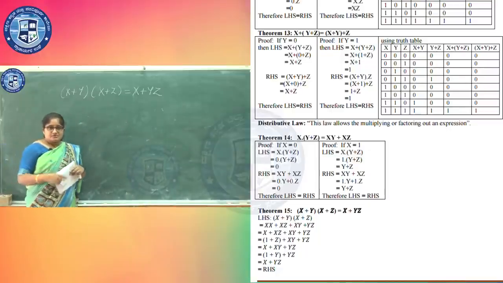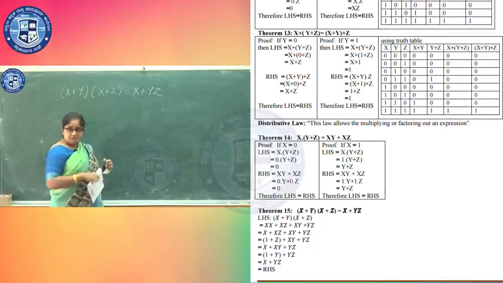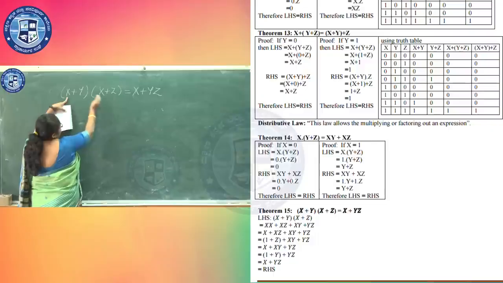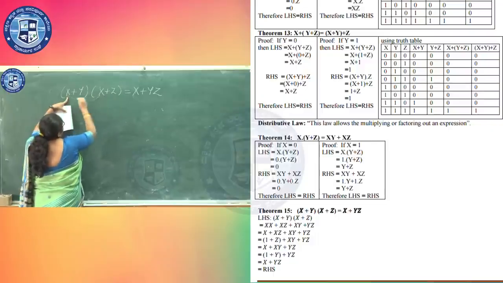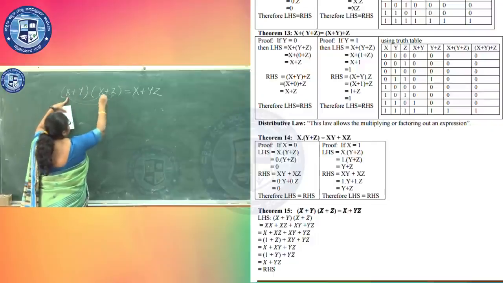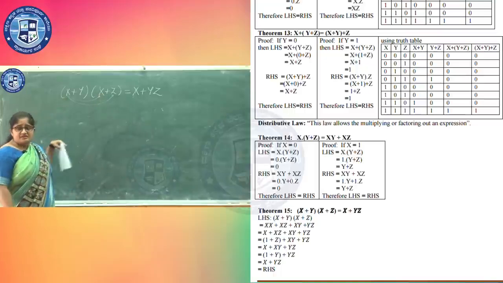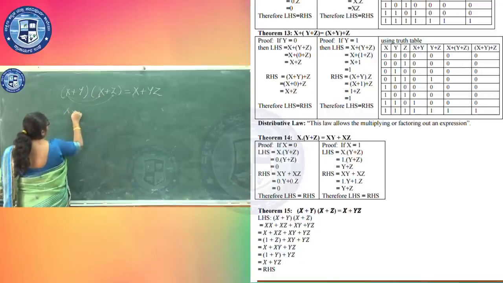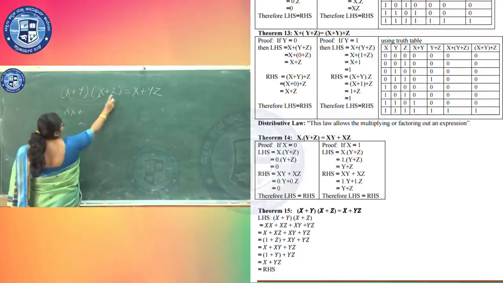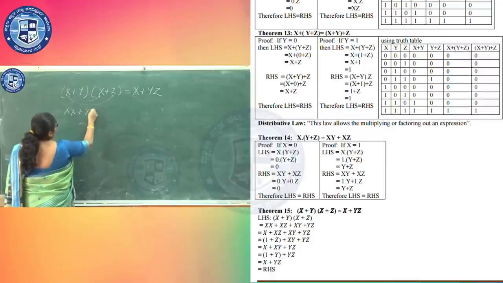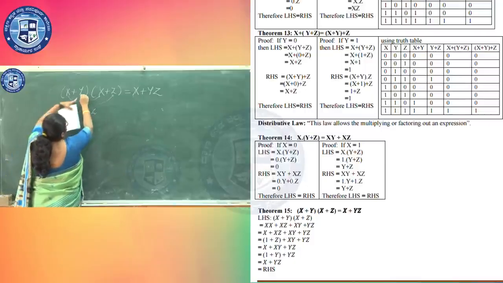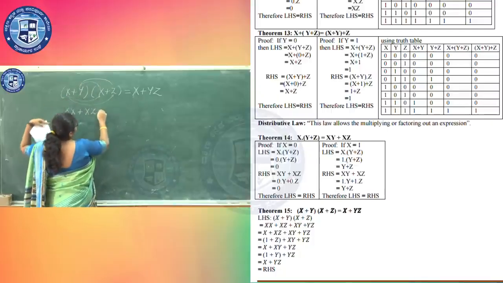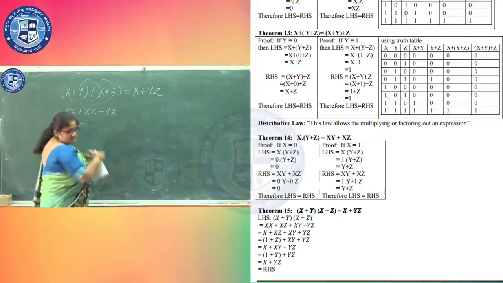You can go through the notes which are there, and along with that please listen to what I am saying. x into x, this can be multiplied and this can be multiplied. This we know, this has been there in our high school sections also. x into x plus x into z, then again y into x and y into z.